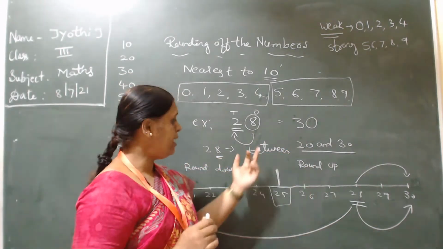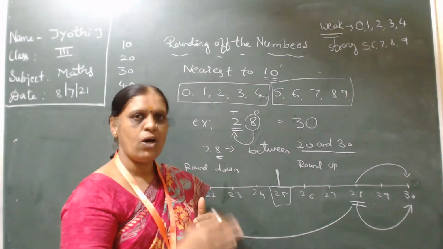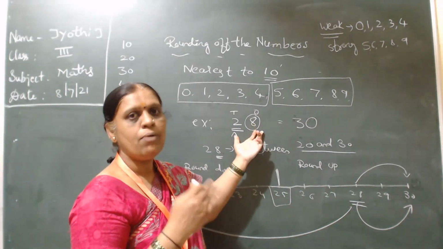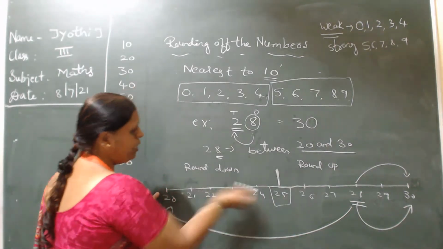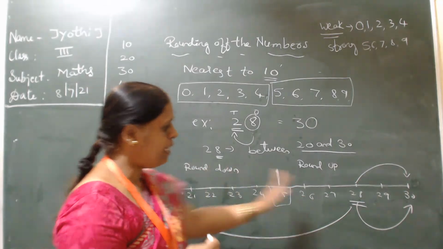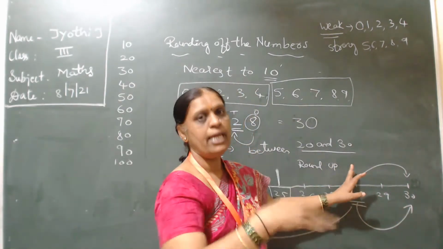Understand? For the number in the units place, we have to check whether it is less than 5 or more. If the digit is less than 5, we should round down. If the digit is more than 5, we should round up to the next number.